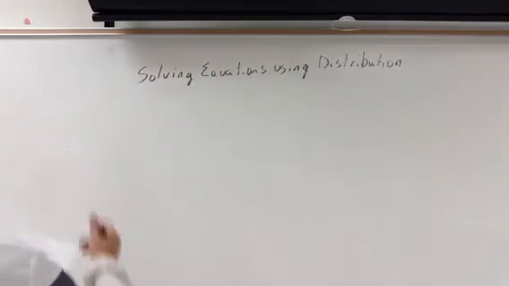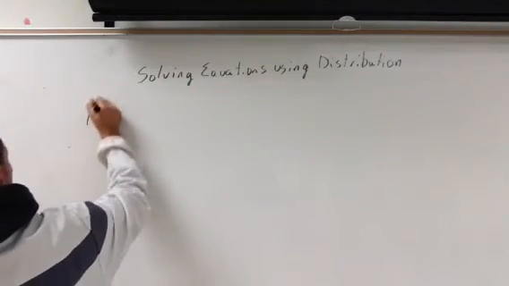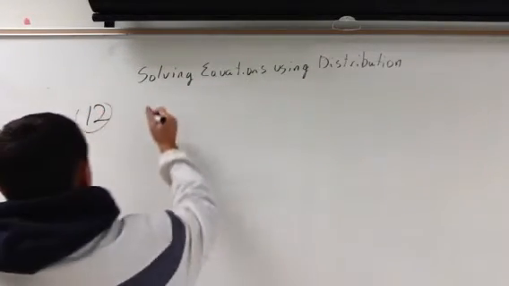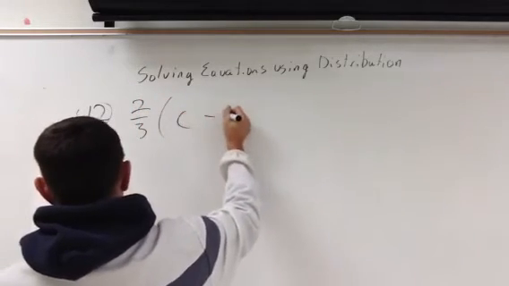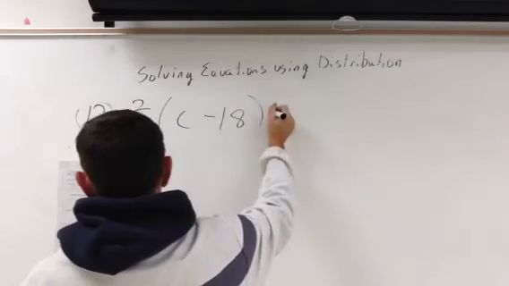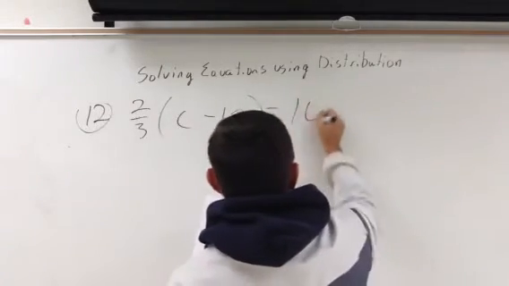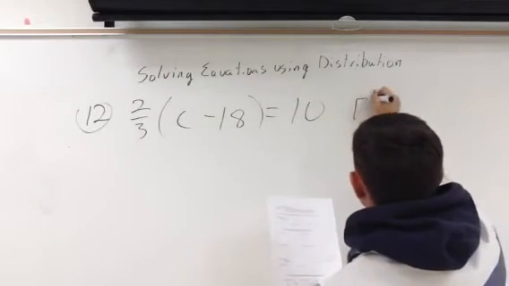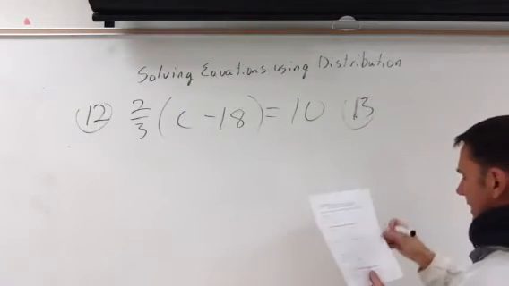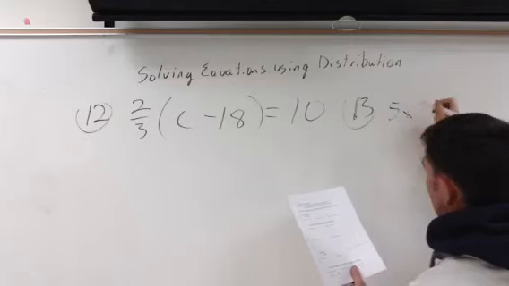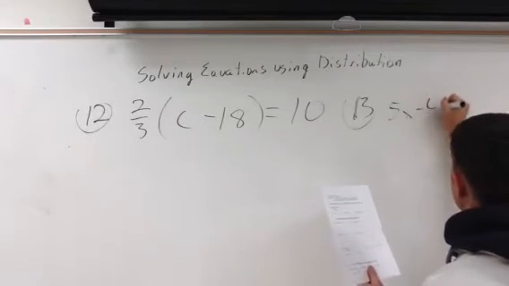So the third problem that we have, and this was number 12 on your notes, we have 2/3 parenthesis c minus 18 equaling 10. Now think about what you're going to do first on that problem, as I write down our last problem that we're going to cover.